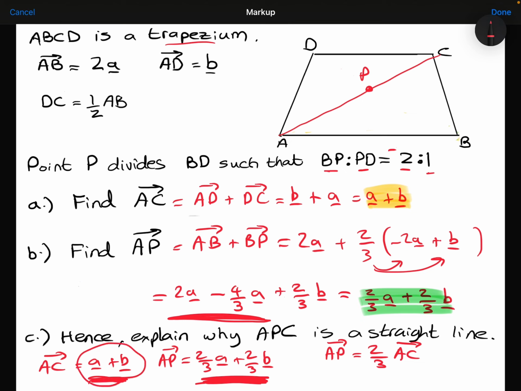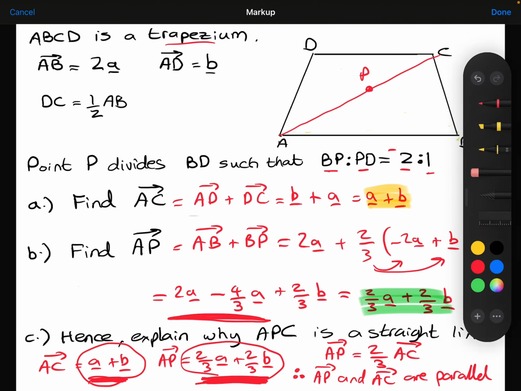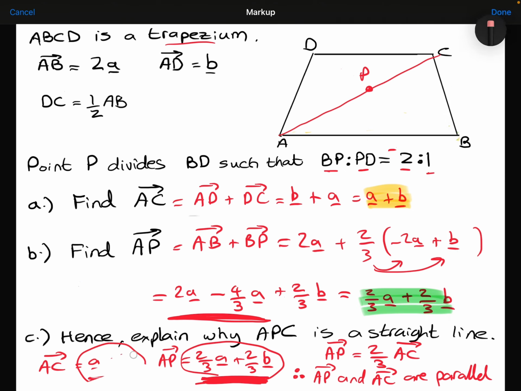Multiplying this by 2/3 gives this. Now what that means is, therefore, AP and AC are parallel. They are in the same direction. So I have two vectors here that are parallel.